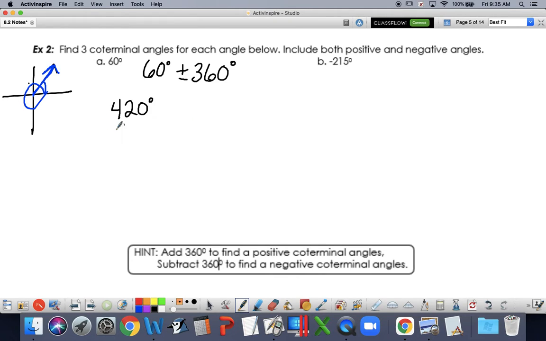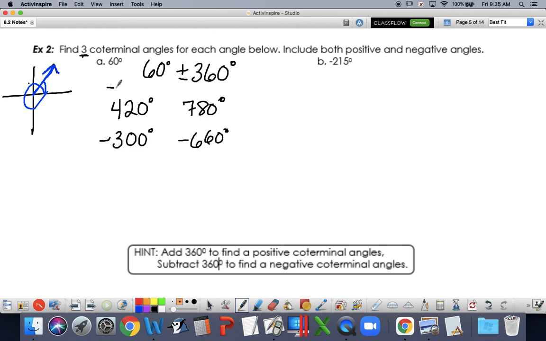If I subtract, I get negative 300 degrees. But you'll notice the question asked for 3. So if I have these two, which I now know are coterminal, I can add another 360 degrees to the 420 to get 780 degrees, or I could subtract another 360 degrees from this one and get negative 660 degrees.